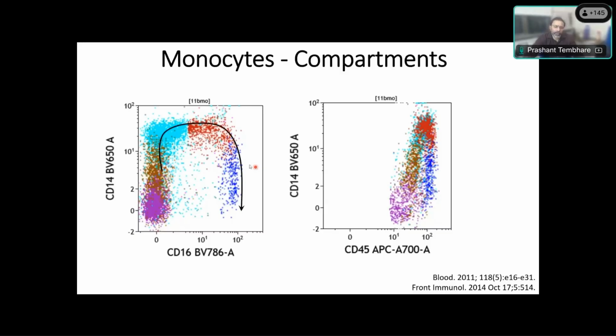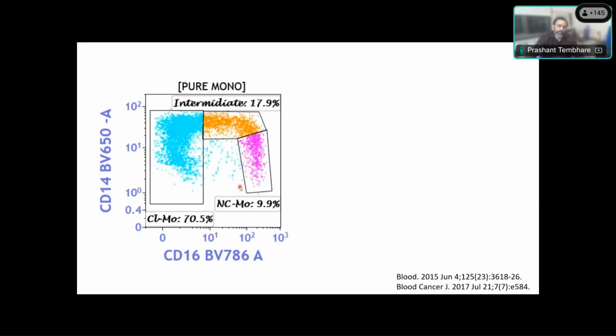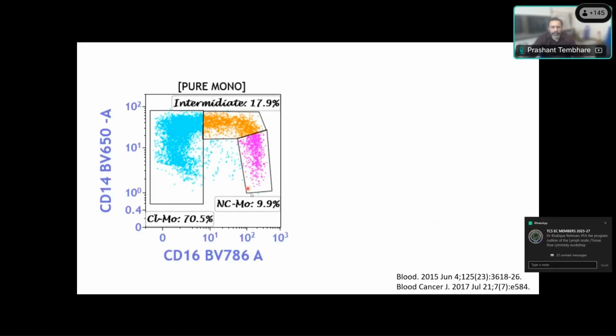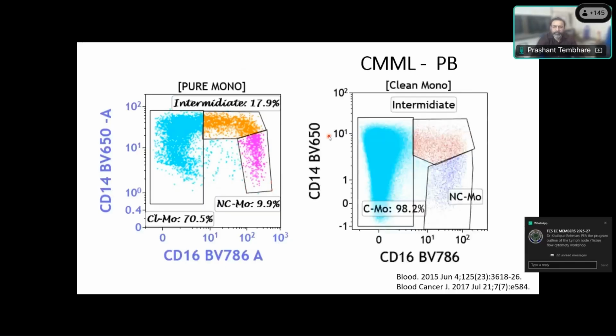So this is the maturation pattern of mature monocyte. As I told you, there will be classical monocyte, intermediate monocyte, non-classical monocyte.